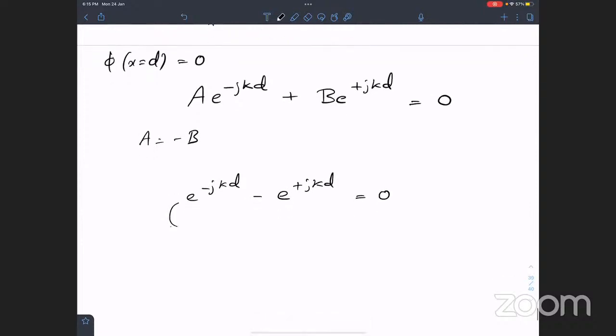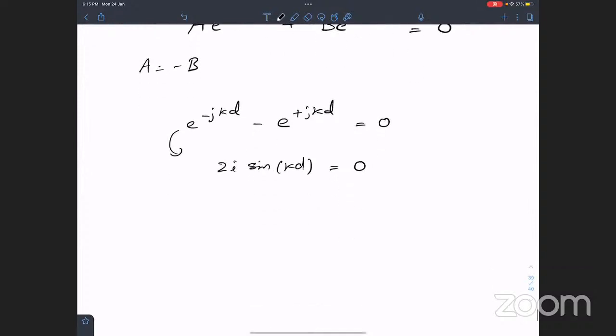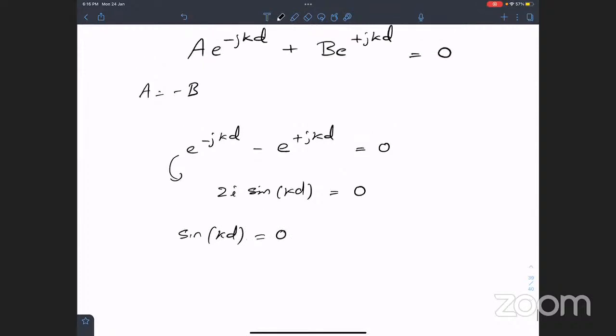Now what is this, guys? This is nothing but 2 into i into sine kd, right? This must be equal to 0, which implies that sine of kd must be 0. A is not 0.